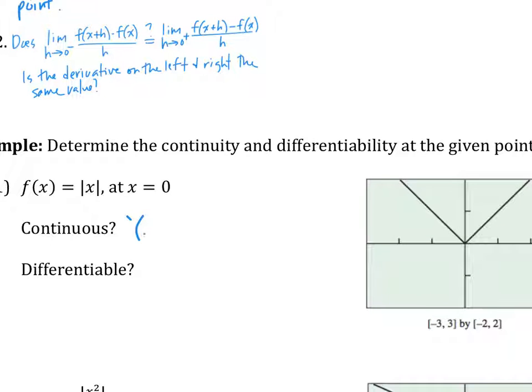No. Why not? Yes. Because the 2 slopes on the sides are not even. So let's say f prime from the left of 0 is -1, and f prime on the right-hand side of 0 is +1. So they're not the same, therefore not differentiable.